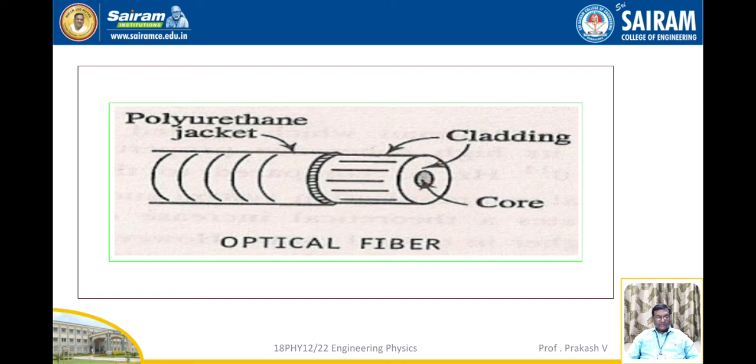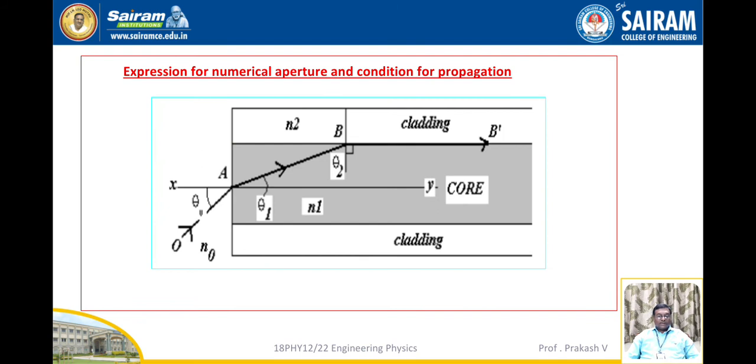In the next slide, let us discuss the expression for numerical aperture and the condition for propagation. So here is a picture. You can look at the core and cladding. The refractive index of the core is N1 and that of the cladding is N2, and it is kept in a medium whose refractive index is N0.